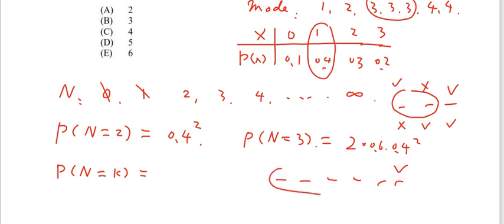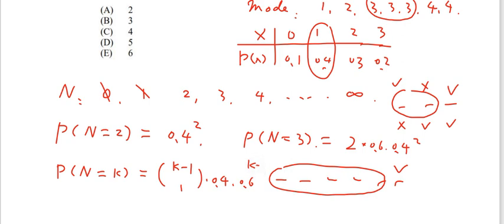Then for those k, we have at least 1 damage, right? So from k minus 1, pick 1, and this damage is 0.4, and no damage 0.6 to the k minus 2, right?